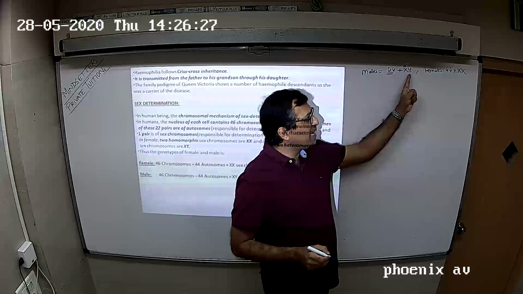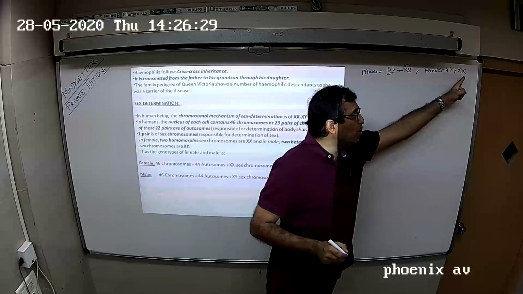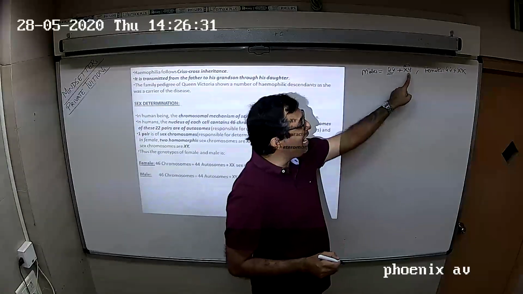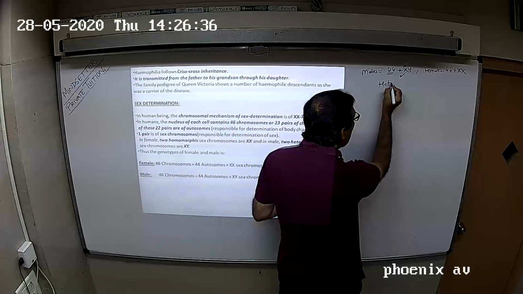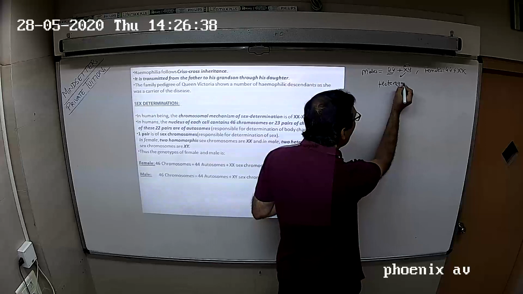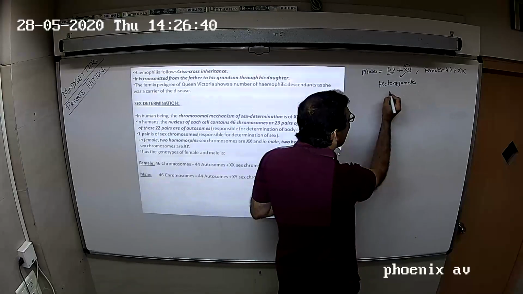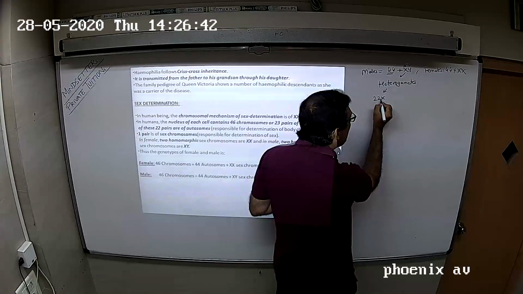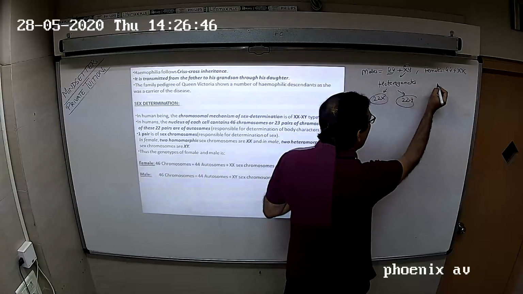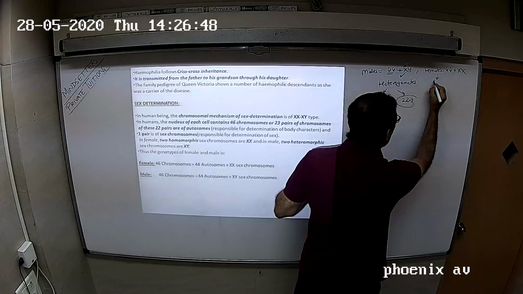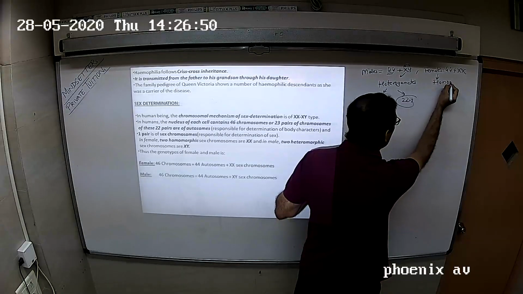Males are 44 plus XY, females are 44 plus XX. Males are heterogametic, they will form two different kinds of gametes, 22X and 22Y.